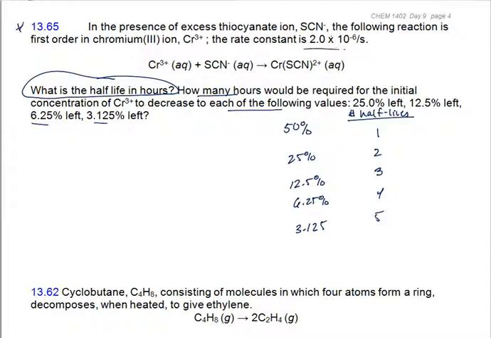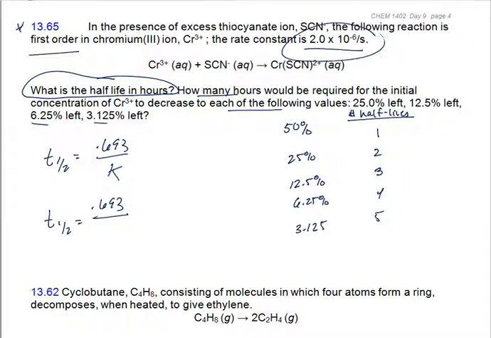They say the rate constant is this, and it's first order. Isn't that the one that you're talking about, Daisy? Yeah. The half-life is 0.693 all over k. So the half-life would be 0.693 all over, what did they say k was? 2 times 10 to the negative 6.